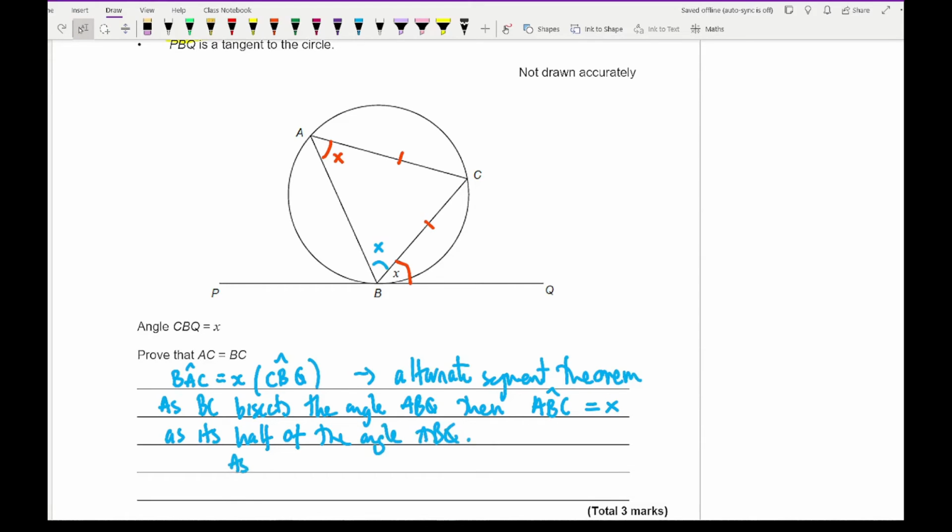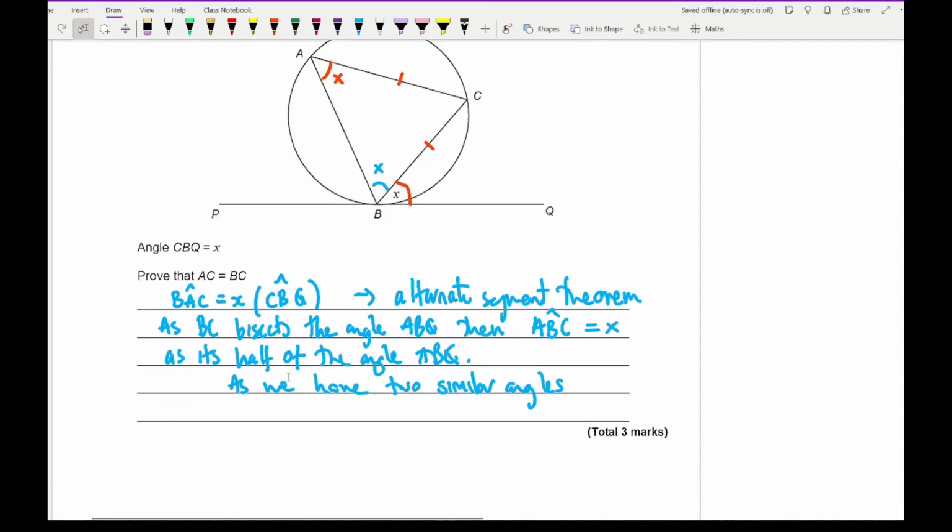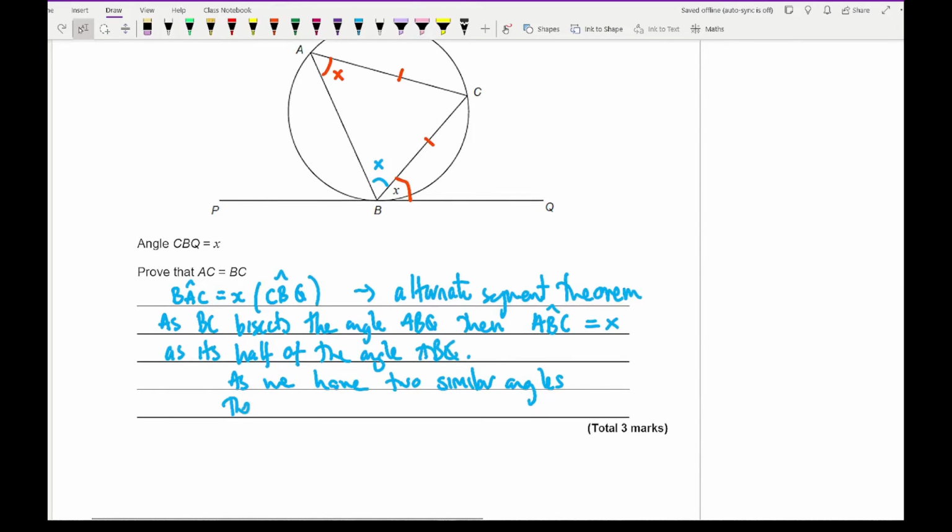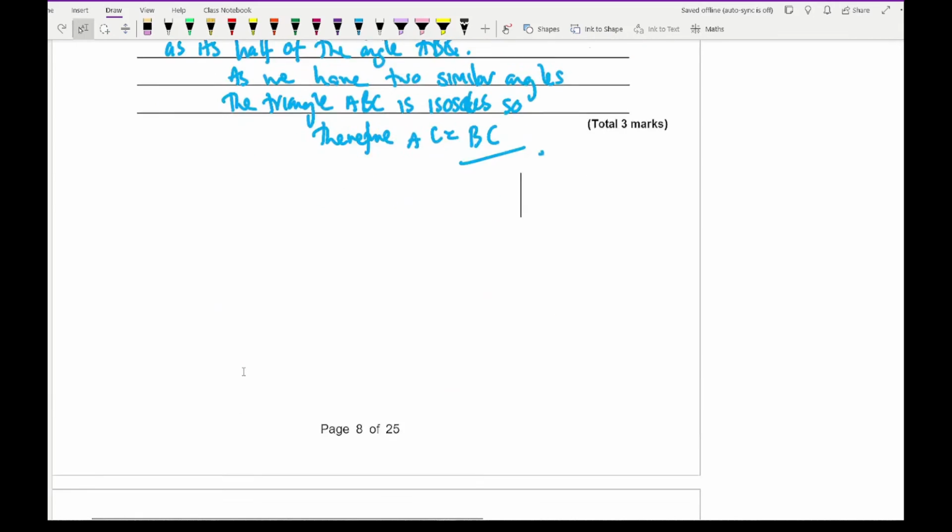So as we have 2 similar angles, the triangle ABC is isosceles. So therefore A to C equals B to C, and there we've proved it. So something along those lines would have been absolutely fine.